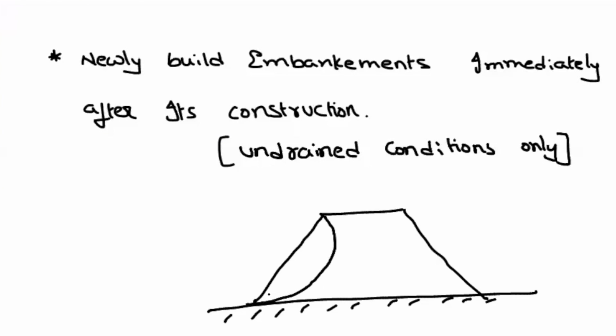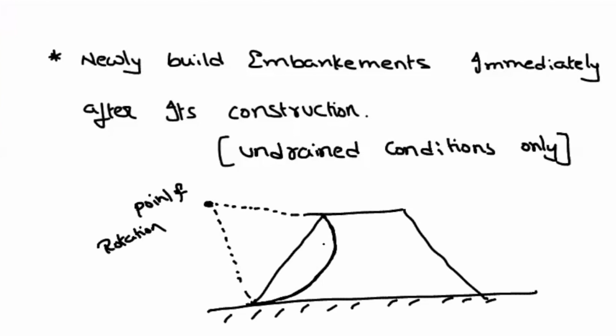Initially we don't know the exact failure plane, but here we are assuming this is the failure plane. That means the soil will fail by rotating with respect to some point. Let us say this is the point of rotation. With respect to this point, the soil will rotate.